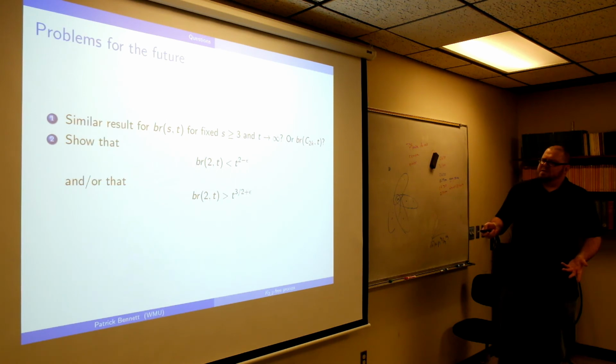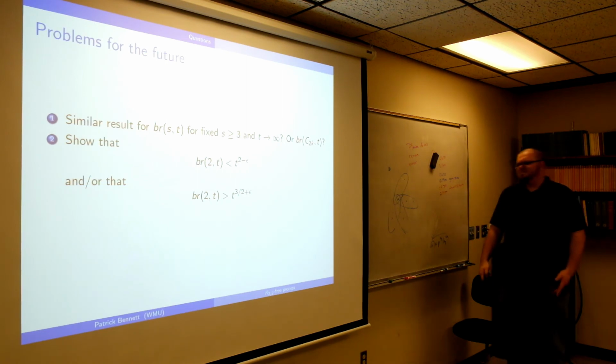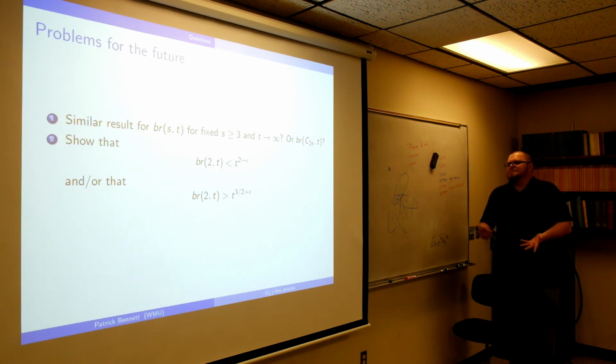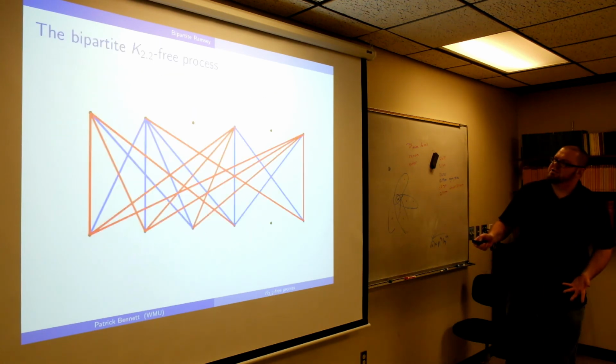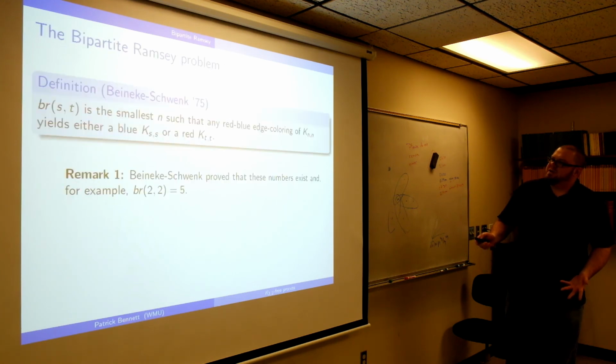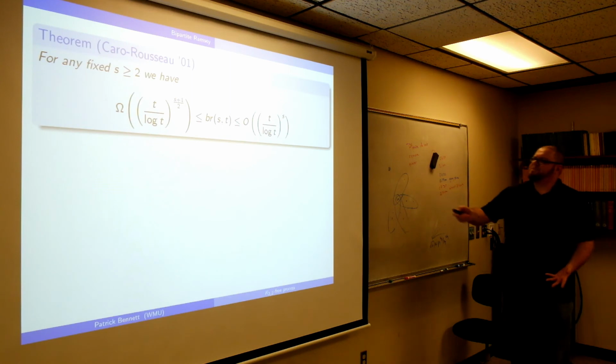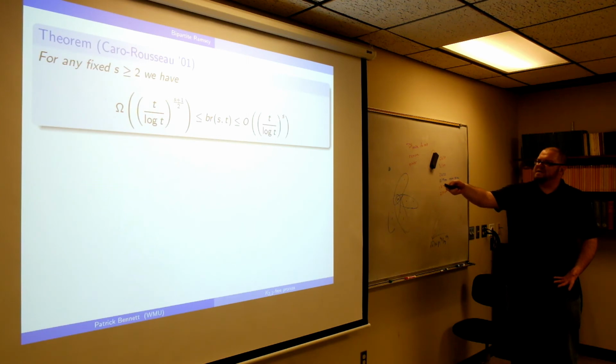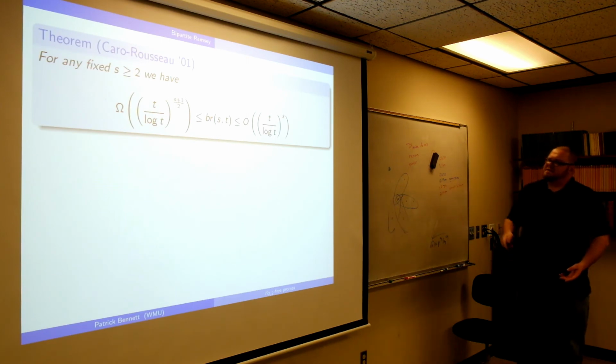But maybe the bigger open question where the method really isn't clear is this: all we did was shave off a square root of log off of the best known lower bound. And so how much progress will this require? The lower bounds that we were working on, here we go, the power of t is off. The power of t here is this, and the power of t there is that.